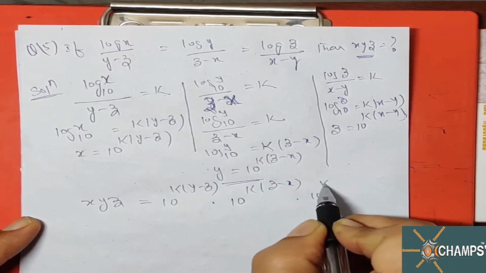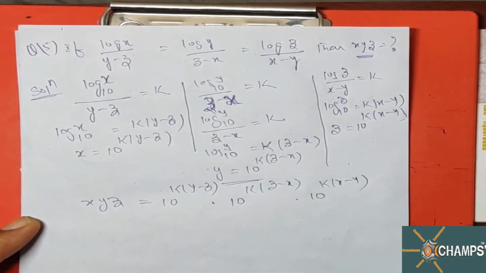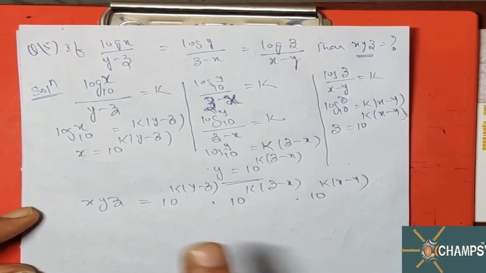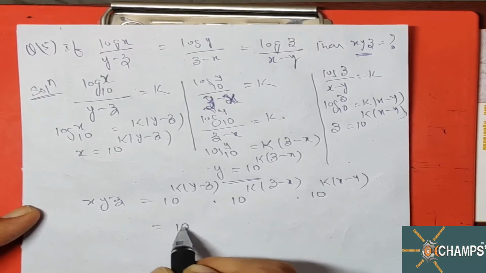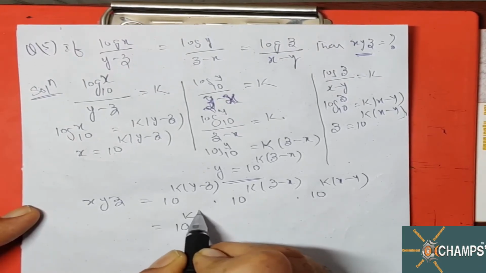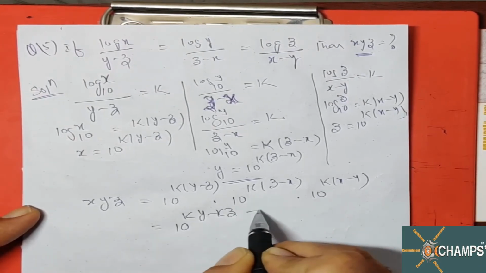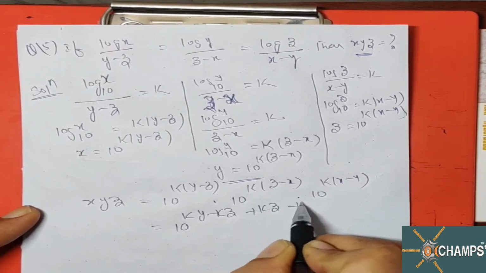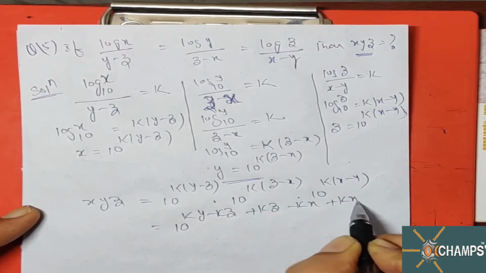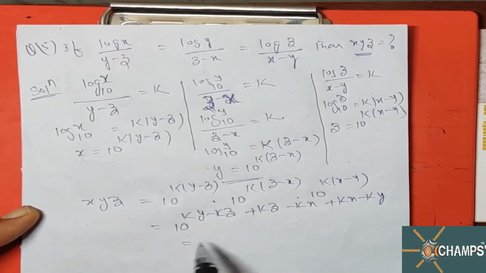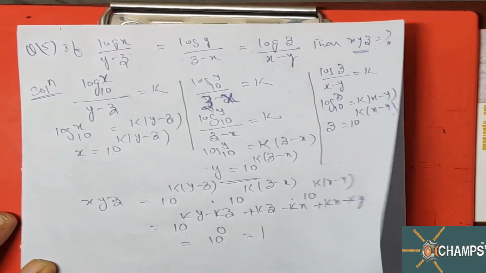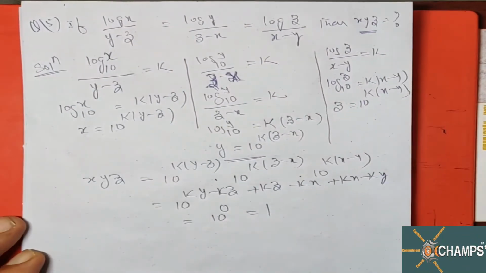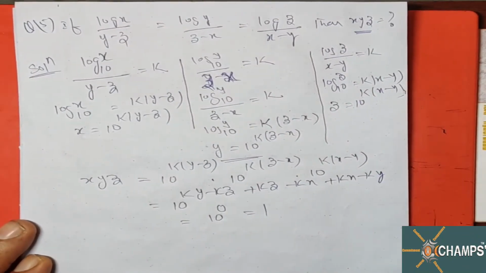Consider x, y, z multiplied: 10 to the power of k into y minus z, 10 to the power of k into z minus x, 10 to the power of k into x minus y. Now, bases are equal. There is a multiplication sign. Powers can be added: ky minus kz plus kz minus kx plus kx minus ky.